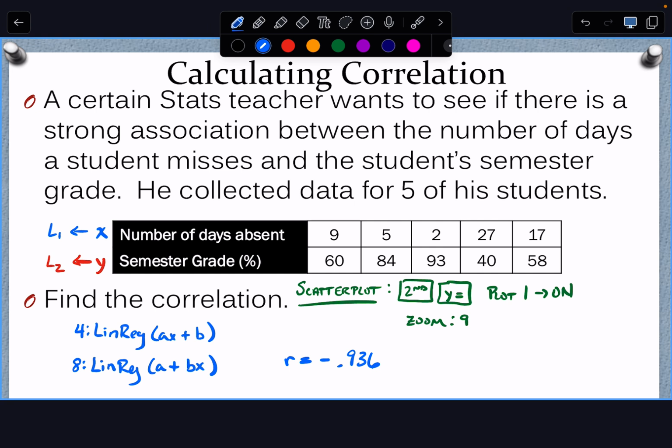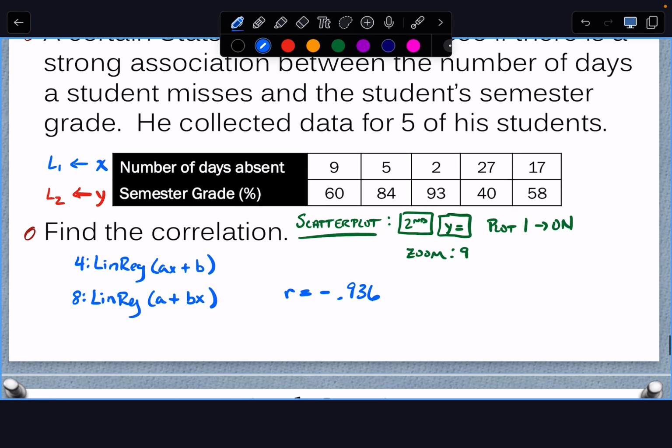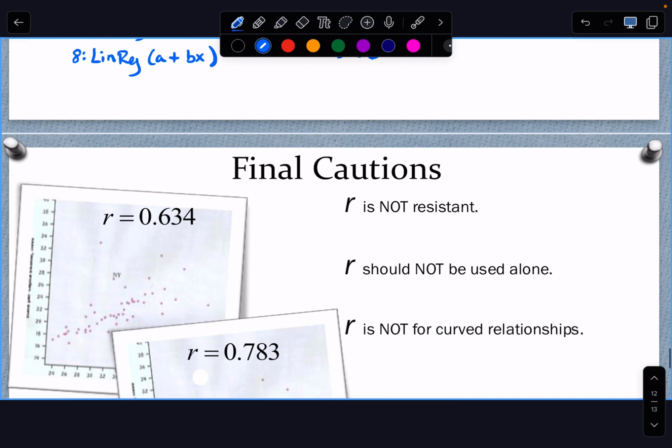So once I have that value, being able to interpret it in terms of direction and strength. Okay, so that's what that's going to look like. Any questions on that so far? Okay, and you'll get some practice with that on the homework, doing the correlation in the calculator.